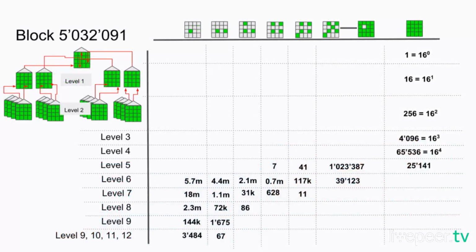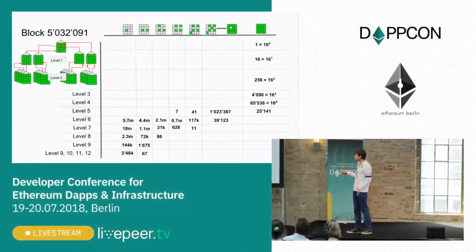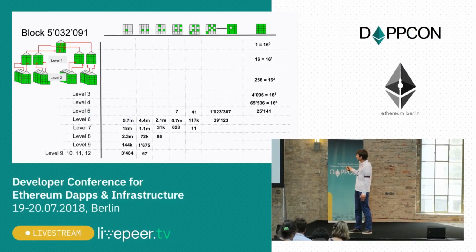But this was a long time ago, but still it demonstrates that, so what this picture represents, here we have the levels of the Patricia tree down to 12. There was nothing after level 12 because of this balancing. And here you have the occupancy. So this is the occupancy 1, which doesn't happen in the Patricia tree because it's been replaced by the extension nodes and by the leaf nodes. And so what you see here is essentially these extension and leaf nodes. And here you get the 16, which is fully saturated.